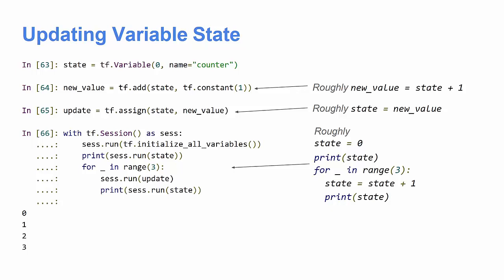So on session.run of initialize_all_variables, it will initialize the variable state with the value 0, and then we can print it. Then for any variable in range 3, it will call the update, which will add the value 1 to the variable state and print that value. So we will have 0, 1, 2, 3 as the print of the small code which is shown on the screen.